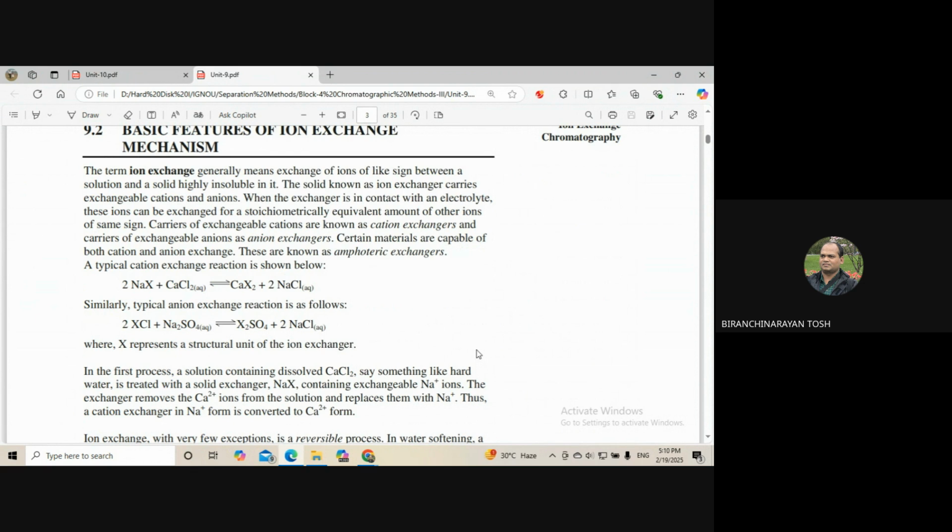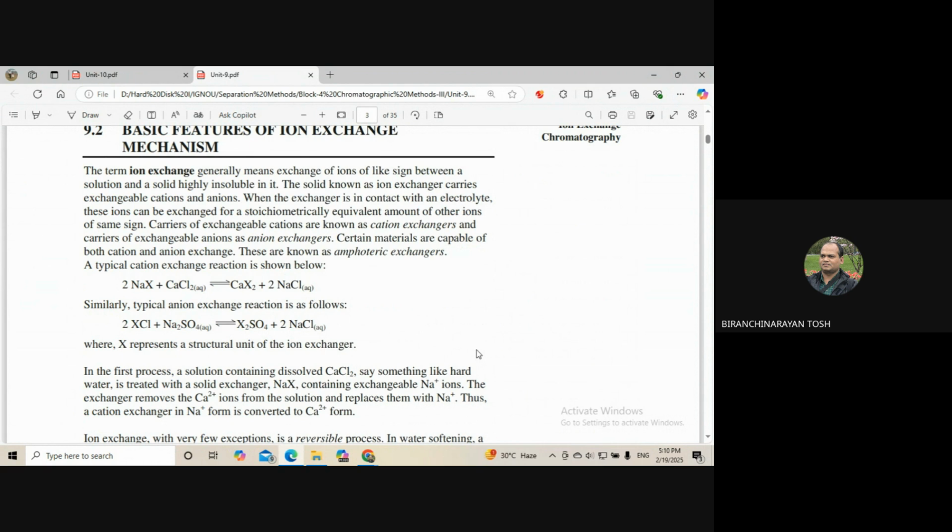So the same principle also plays a role here, but in this case we should take a reversible process so that the ion exchanger can be regenerated after separation. That is the difference between a simple exchange of cation and anion and the ion exchange mechanism.